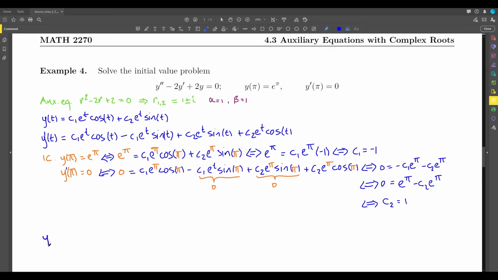And so our final solution is y of t equals negative e to the power t, that's our c1, cosine of t plus e to the power t sine of t.